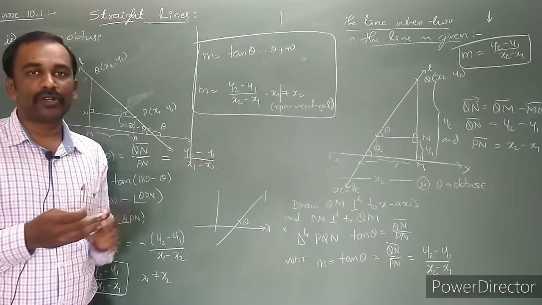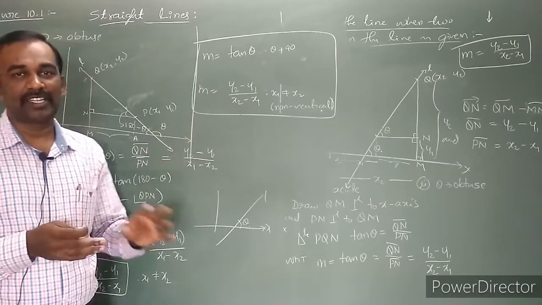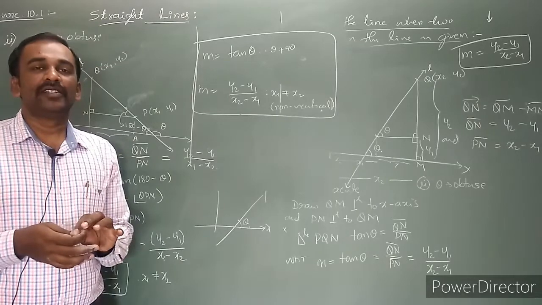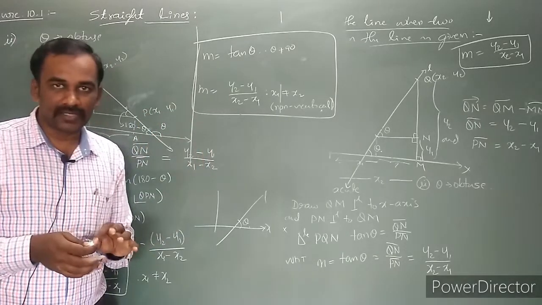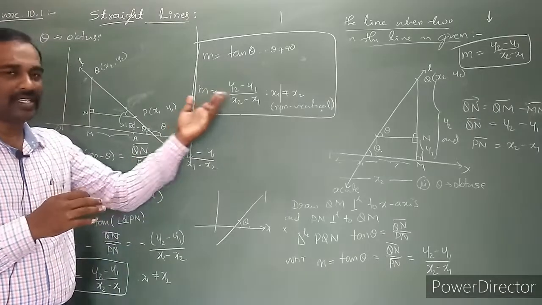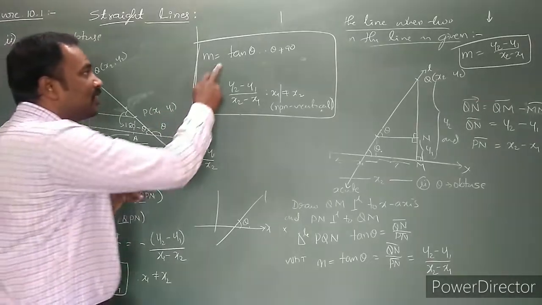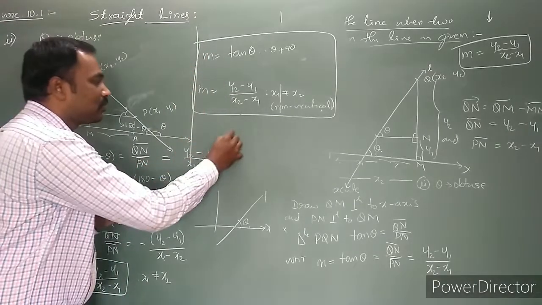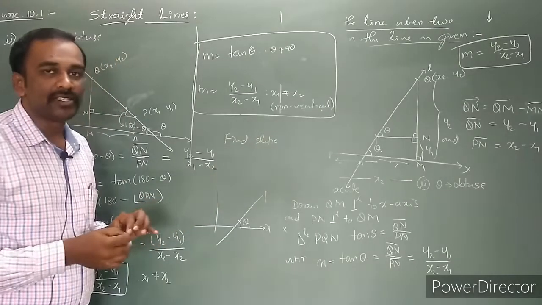It is a very important chapter and one of the most difficult chapters in the first PUC syllabus. Don't get scared. Very simple thing is that you need to learn the skills. You need to get the imagination. No need to worry because I am here. Suppose they ask the question, find the slope of the line.